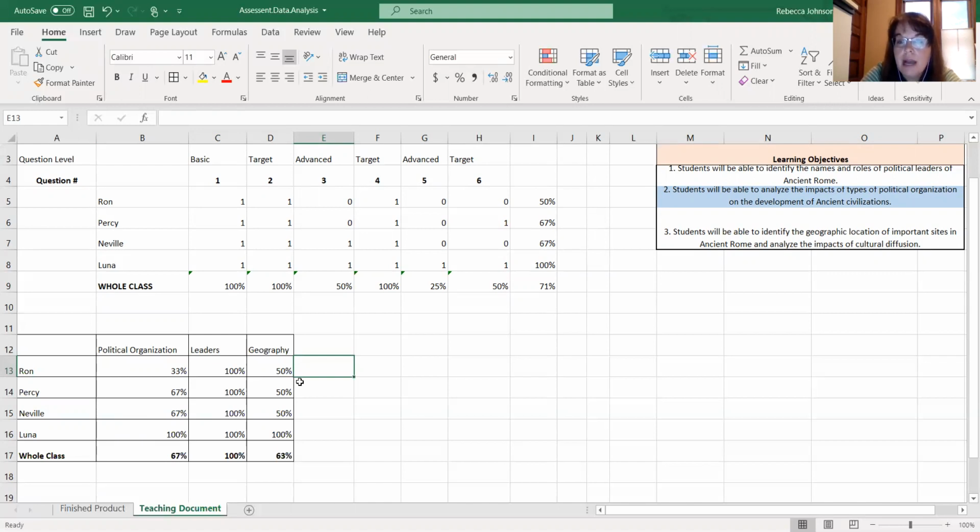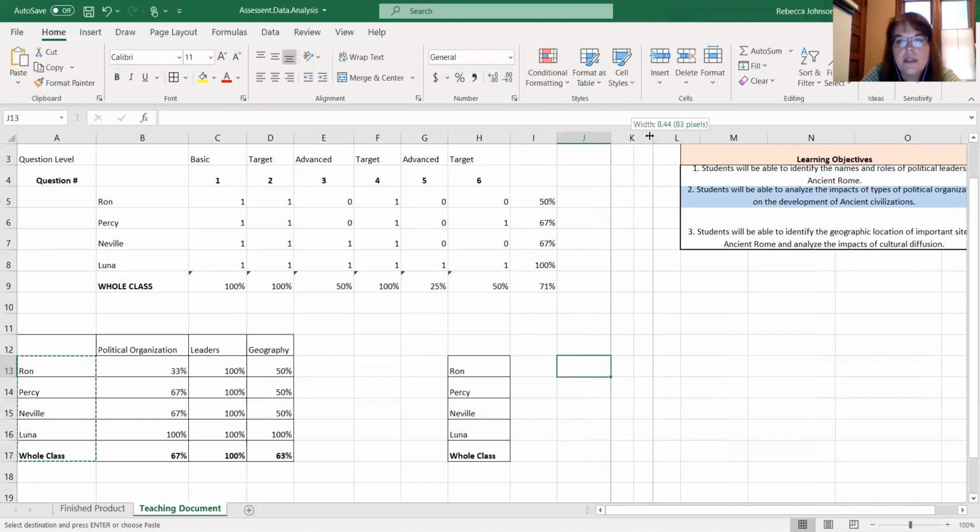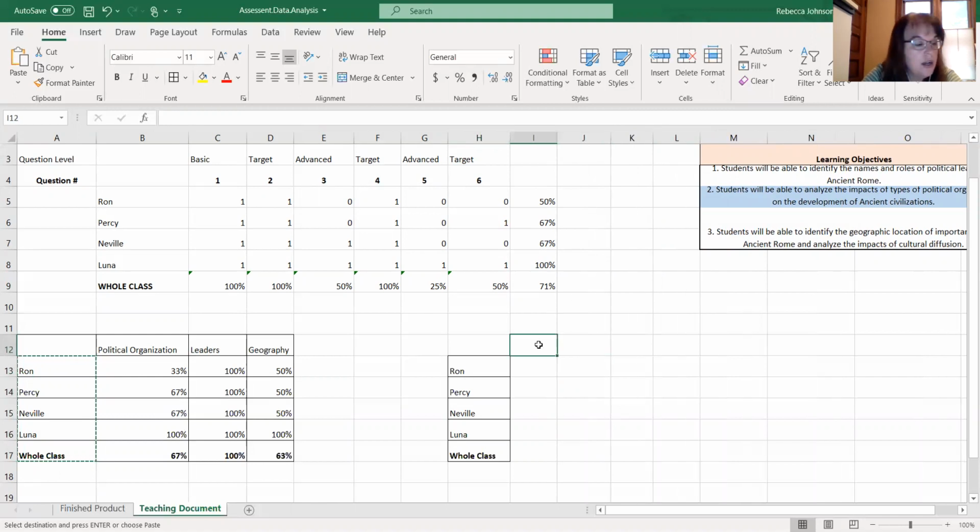Now, some of that might have been because of complexity of question. And so I don't just want it in relation to political organization, leaders, and geography. I also want to say, okay, let's also think about this in terms of basic, target, and advanced.